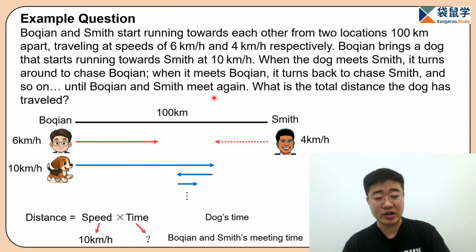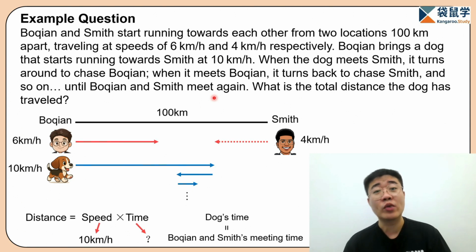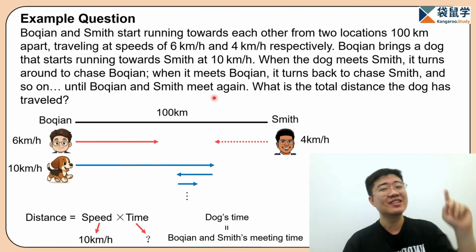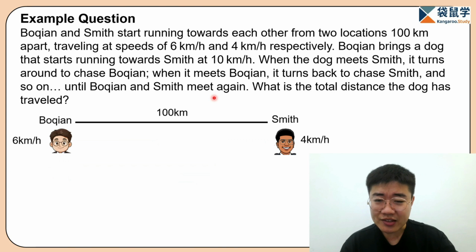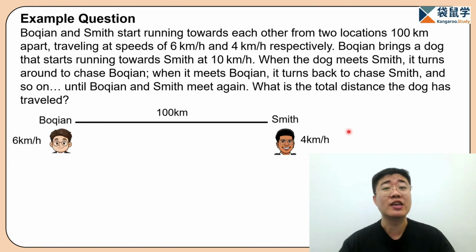Yes, they are equal to each other. So now instead of finding the dog's traveling time, we can just find the meeting time between teacher Bo Jian and teacher Smith.